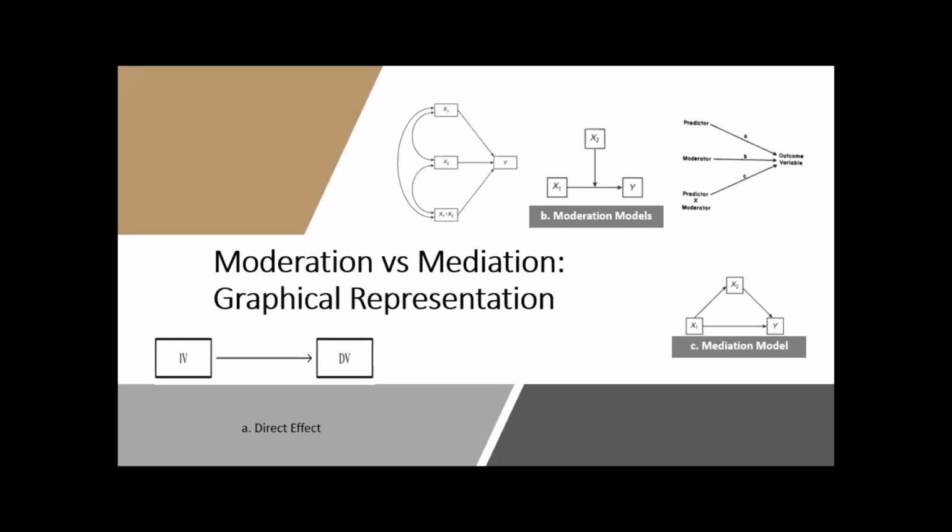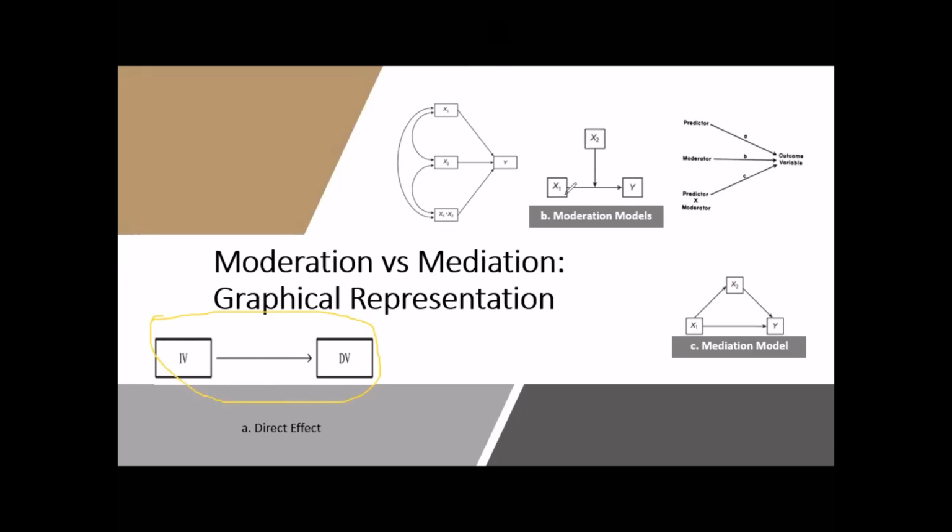Here you can see in diagram A, this is an example of the direct effect. This diagram represents the direct relationship between two variables. This is also an example of a very simple mechanism, because the relationship exists only between two variables.